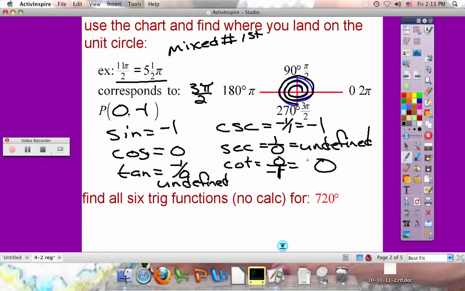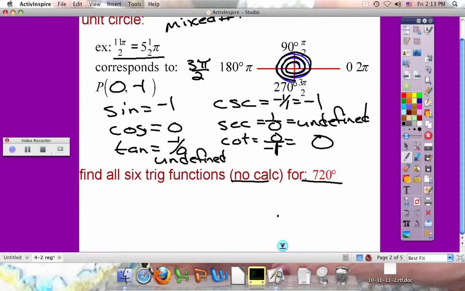Find all 6 trig functions using no calculator for 720 degrees. So the first thing you have to do is figure out where you land around your circle.